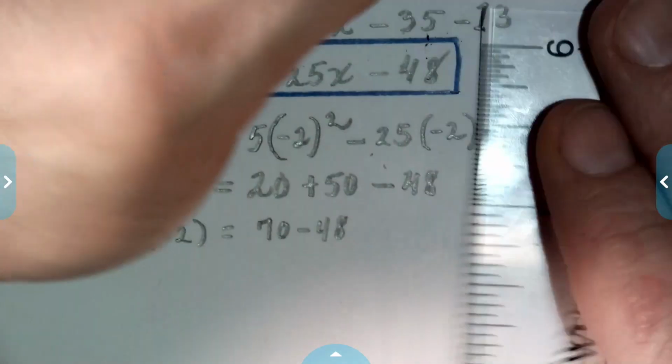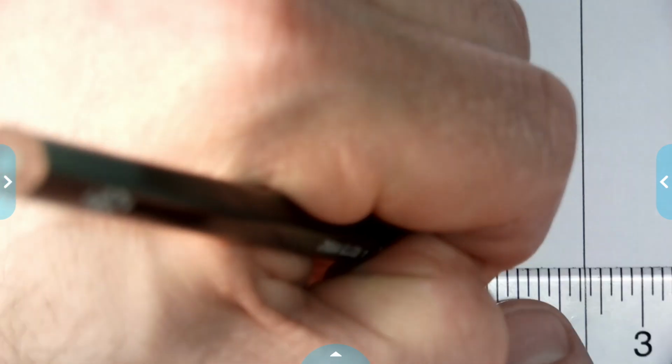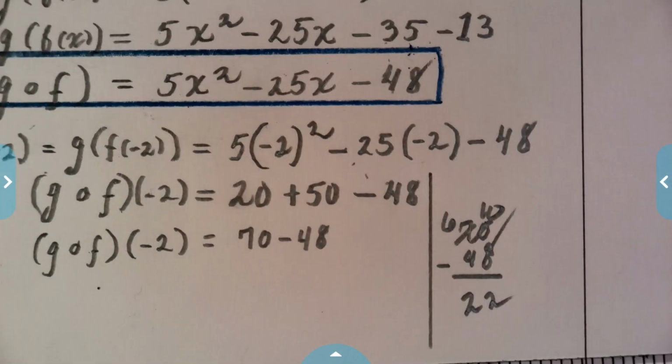Okay, and then side work, we can show what that is. 70 minus 48. And we would borrow, and we would get 22, just like we did on the calculator, right?